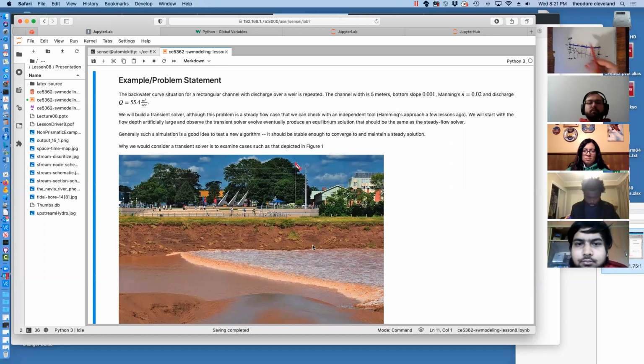So if we start with a depth artificially large, say the red line, say I say, well, that's my initial guess of the water surface elevation. And we have a fixed discharge here and fixed discharge there, and they're the same. So it's a steady flow situation.